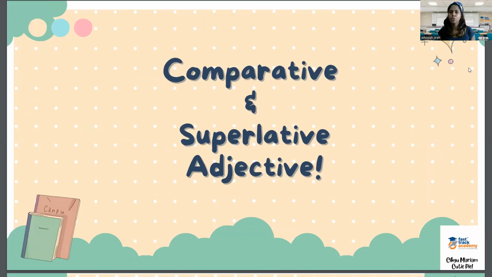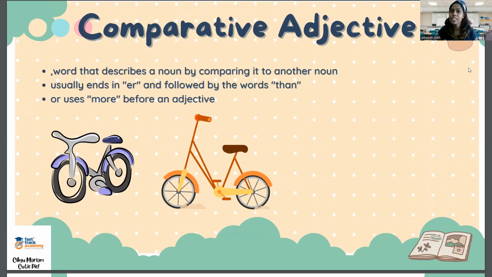Today you are going to do some revision on comparative and superlative adjectives. So what is a comparative adjective? It is a word that describes a noun by comparing it to another noun.